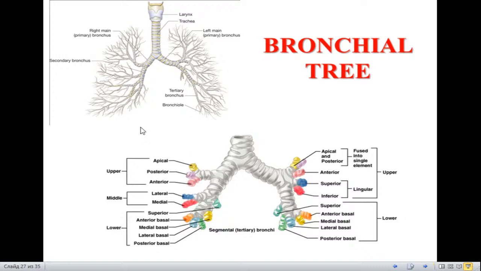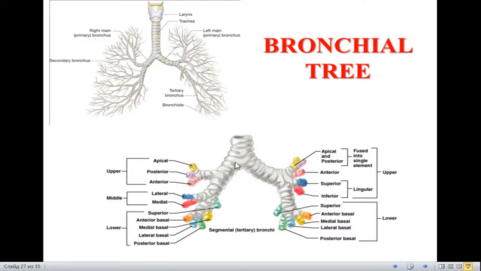In this picture you can see these segments, and in this picture you can see the difference between right and left main bronchus.